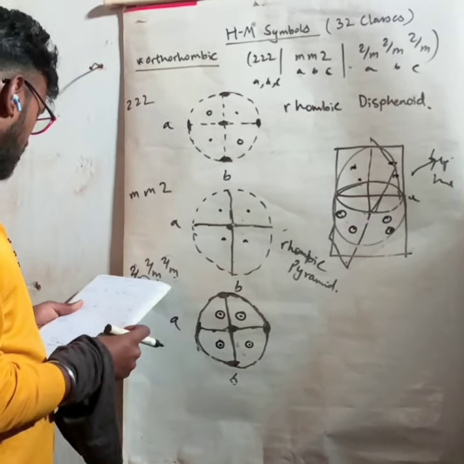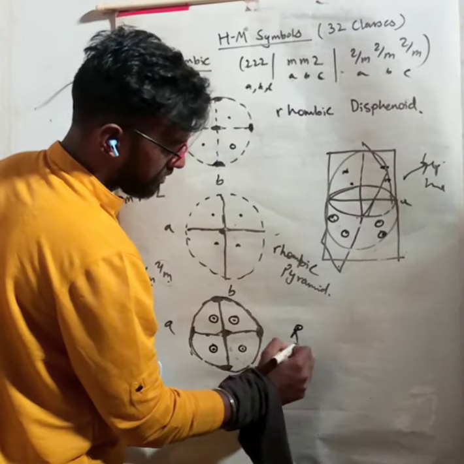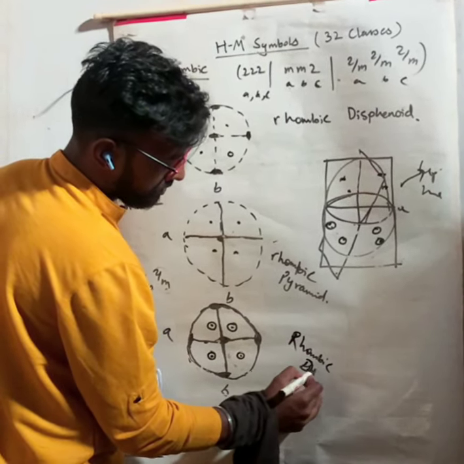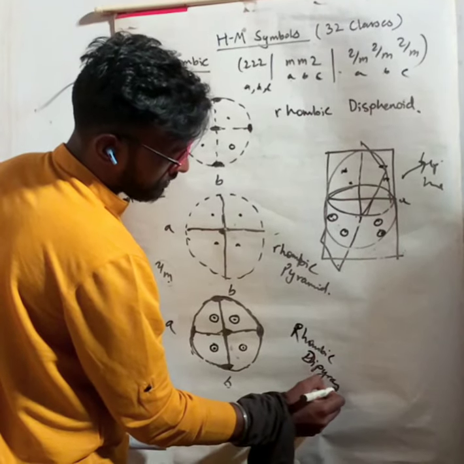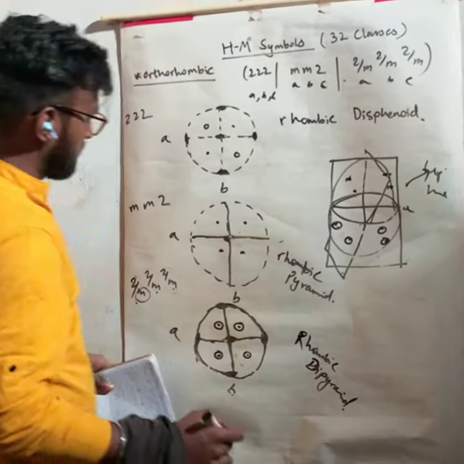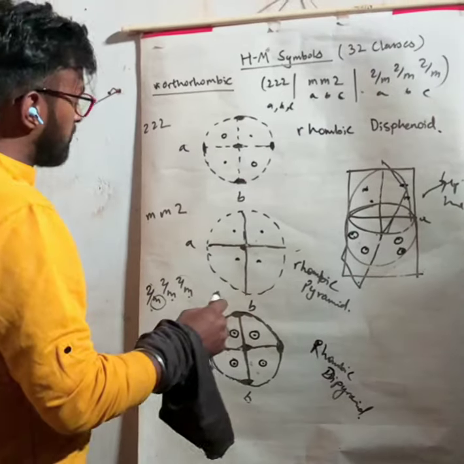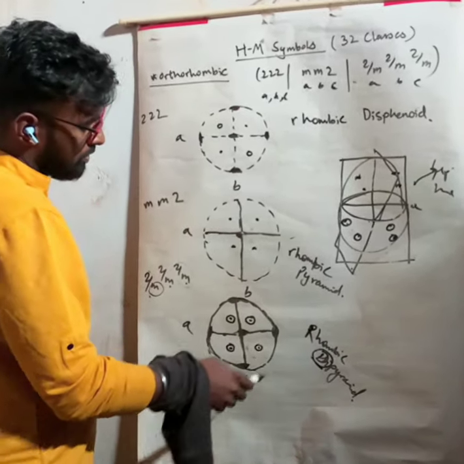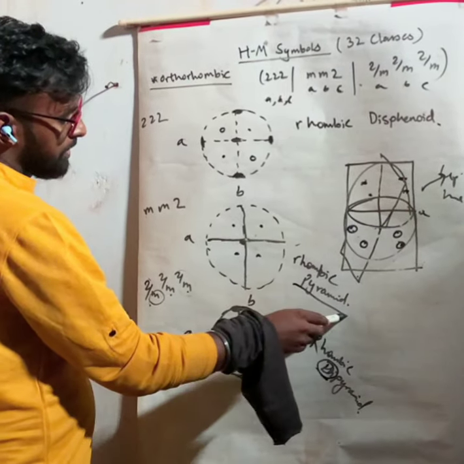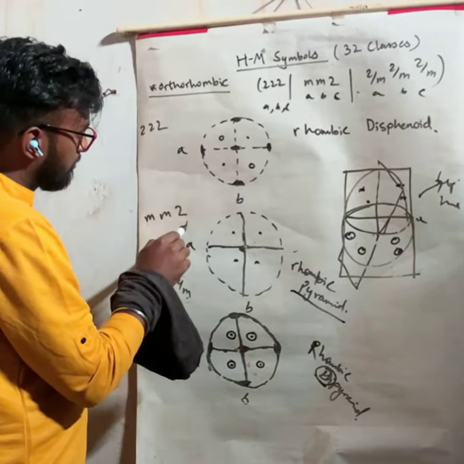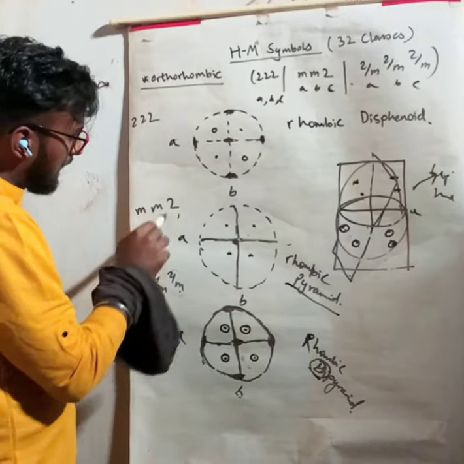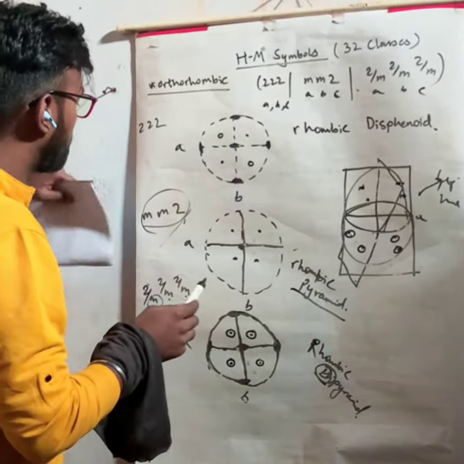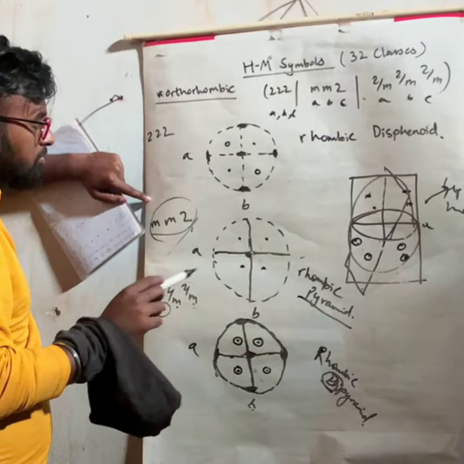So this is a rhombic type pyramid. You need to make note that di means there are two, and here only pyramid is there. We don't have any bi symbol here. So that is a trick to remember which is dipyramid or which is what.